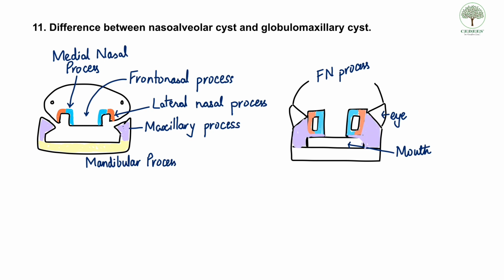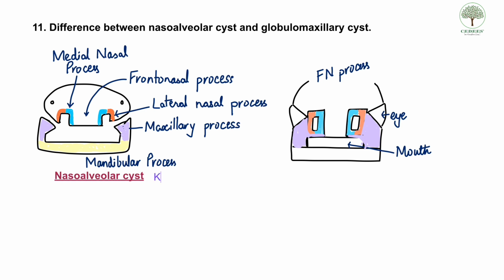What happens in normal formation is that your maxillary process will fuse both with medial nasal process and lateral nasal process, and both the nasal processes also fuse, and the frontonasal process becomes narrow in formation of nose.